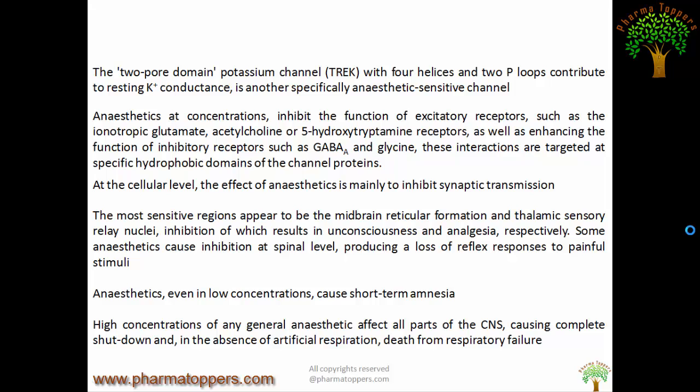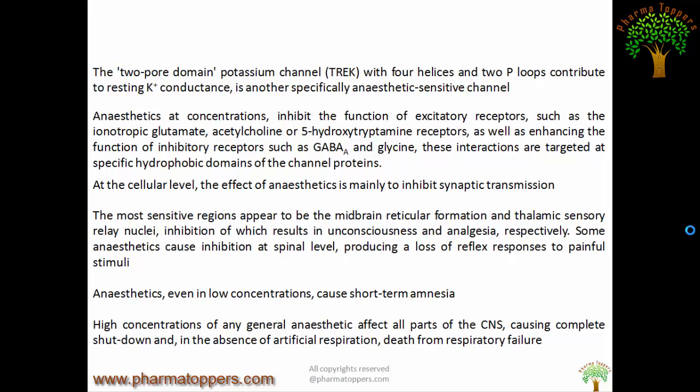General anesthetics at a given concentration have been found to inhibit the function of excitatory channels like glutamate receptors, and also facilitate inhibitory channels like GABA-A receptors, glycine receptors and certain potassium channels, and these interactions are targeted at specific hydrophobic domains of the channel proteins.